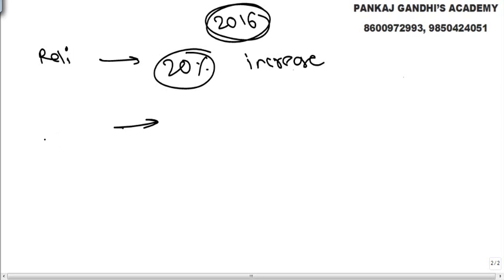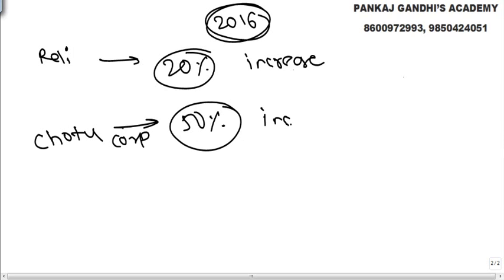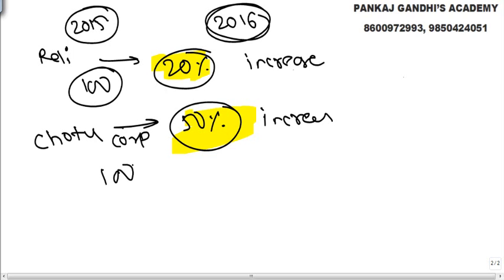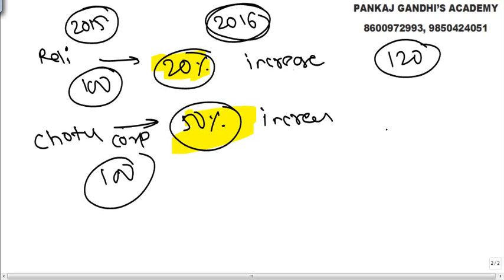And एक अननोन कंपनी है छोटू कॉर्पोरेशन, it grew by 50% increase. बेटा अपने को पता नहीं है छोटू क्या था और रिलायंस क्या था. 2015 में if both had same, Reliance will have 120, Chotu will have 150. Who will have more is Chotu.